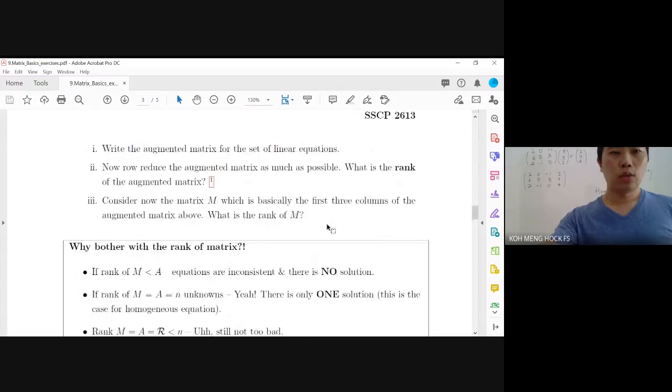Now they ask you to find the rank of the augmented matrix. So what is the rank of the augmented matrix that you have found?